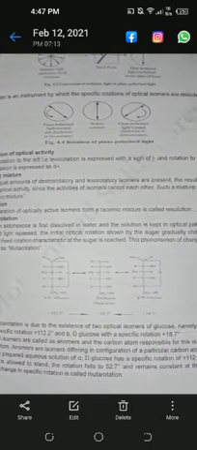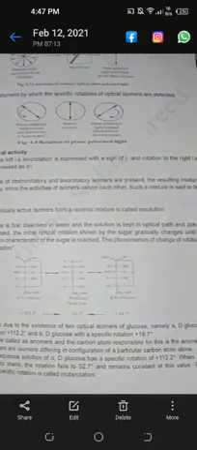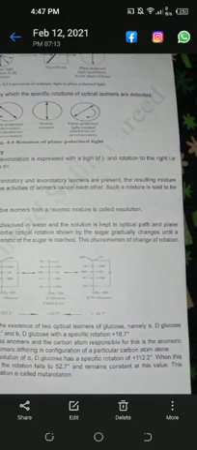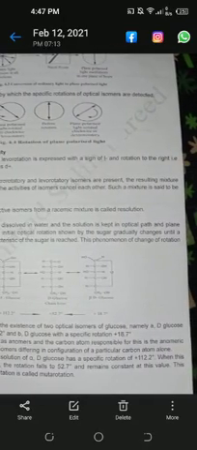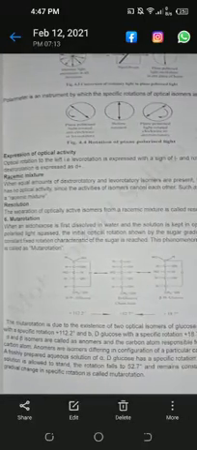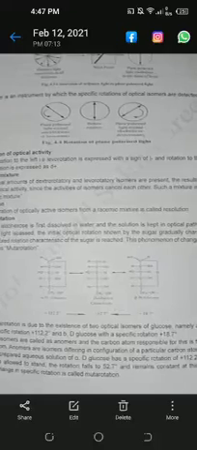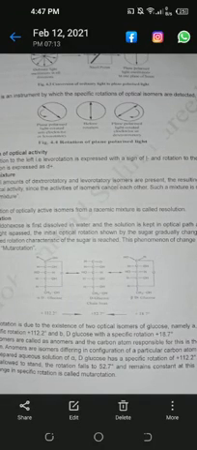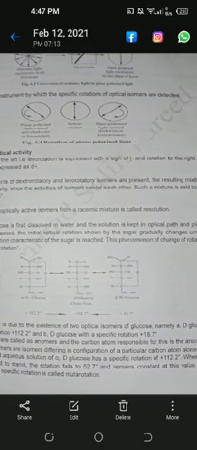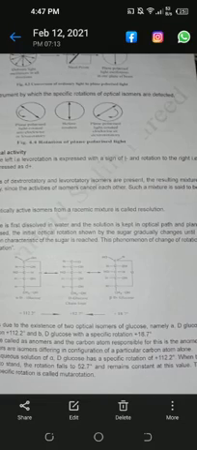The mutarotation is due to the existence of two optical isomers of glucose, namely alpha-D-glucose with a specific rotation of positive 112.2 degrees and beta-D-glucose with specific rotation of plus 18.7 degrees.